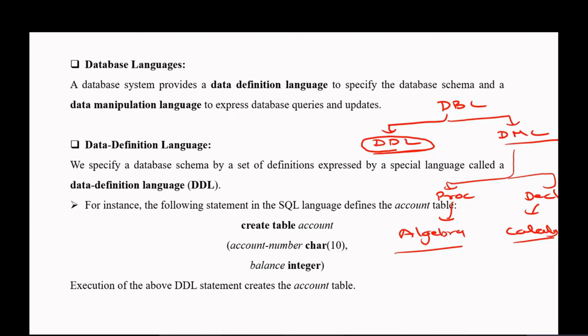You have written here create table account, where two columns are there, account number and balance. The type of the account number is character, and the data type of the balance is integer. The length of this account number is 10, means 10 length का account number ले सकते हैं. The name of the table is account. So what you are doing here is dealing with the design of your database. So this is your DDL statement. Create is a DDL statement.